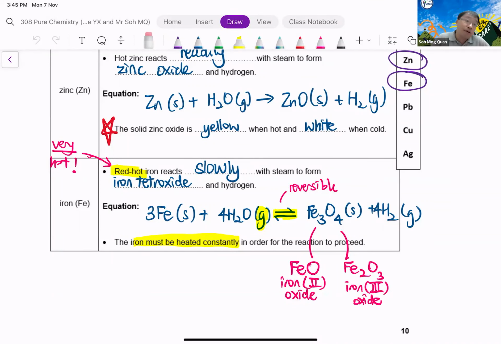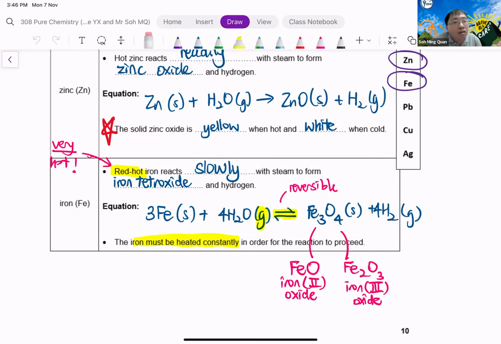So I mentioned that Fe3O4 is basically FeO, the iron 2 oxide, and Fe2O3, iron 3 oxide. So a mixture of both iron 2 oxide and iron 3 oxide are formed, all right, when iron reacts with steam. Now, what's the reason why? To be really honest, I must confess, I don't feel that I have a very definite reason why it forms iron tetroxide.